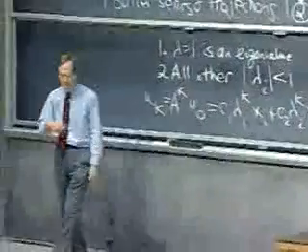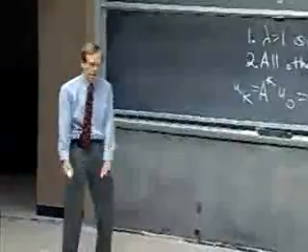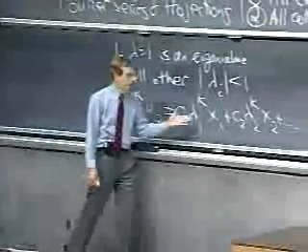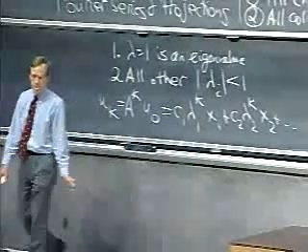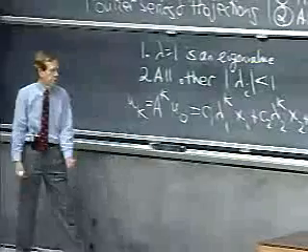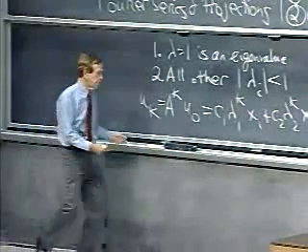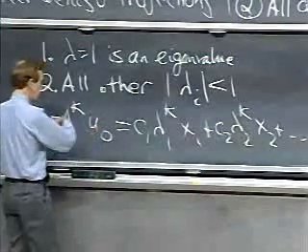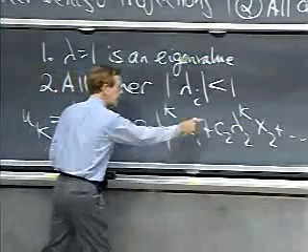My conscience always makes me say at least once per lecture that this requires a complete set of eigenvectors. Otherwise, we might not be able to expand u naught in the eigenvectors and we couldn't get started. But once we're started with u naught when k is 0, then every A brings in these lambdas.